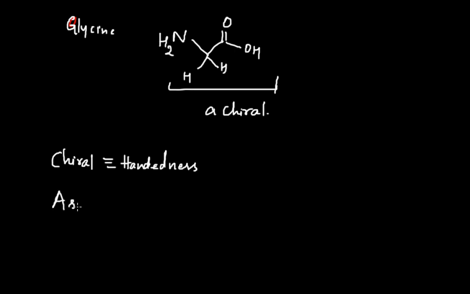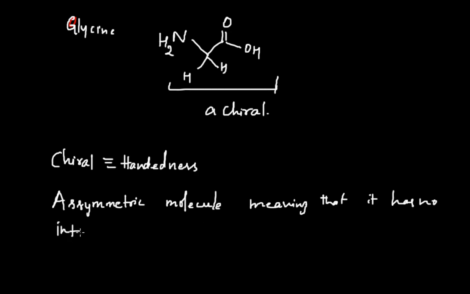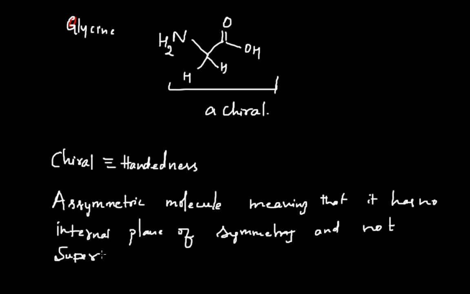A chiral molecule is an asymmetric molecule, meaning that it has no internal plane of symmetry and is not superimposable upon its own mirror image.